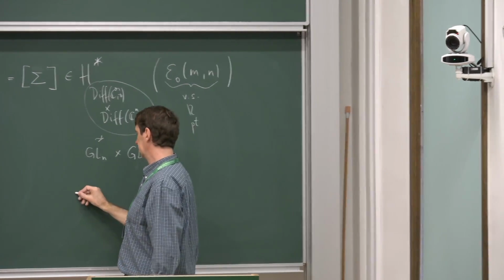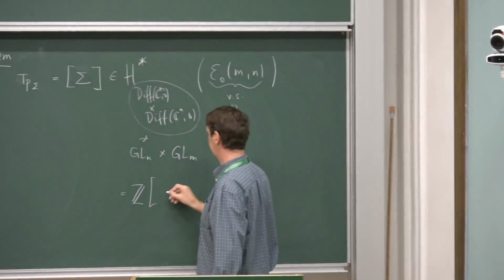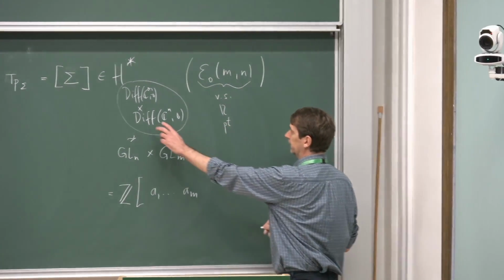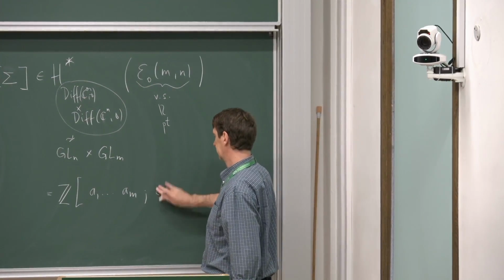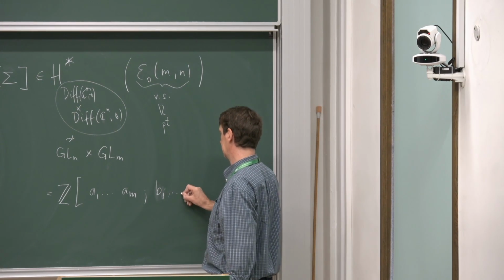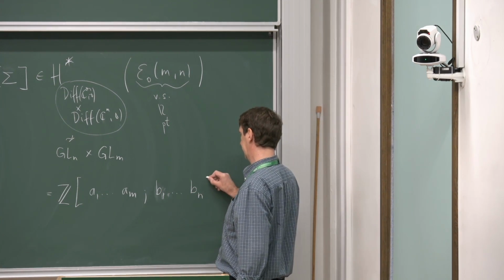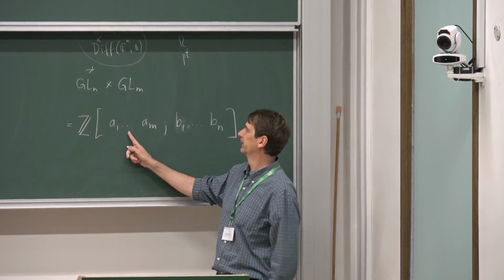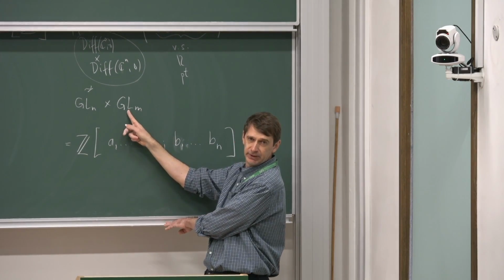So this ring is nothing else but Chern classes corresponding to GLm, and Chern classes corresponding to GLn. So again, a_i here is the ith Chern class of GLn, and b_i is the ith Chern class of GLm.